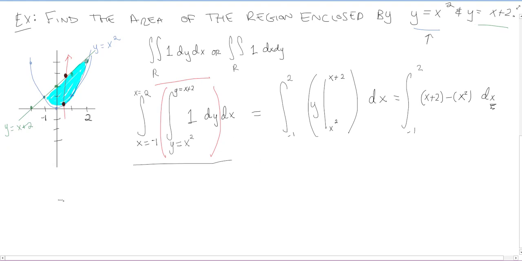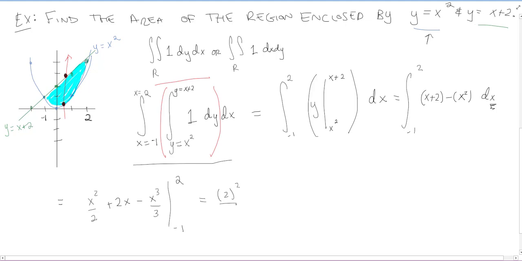So from here, if I'm integrating this, I just have the integral of x is x squared over 2. The integral of 2 is 2x. And the integral of -x squared is -x cubed over 3, all being evaluated from -1 to 2. And then we just plug in these values. Let me just do that for you really quick.